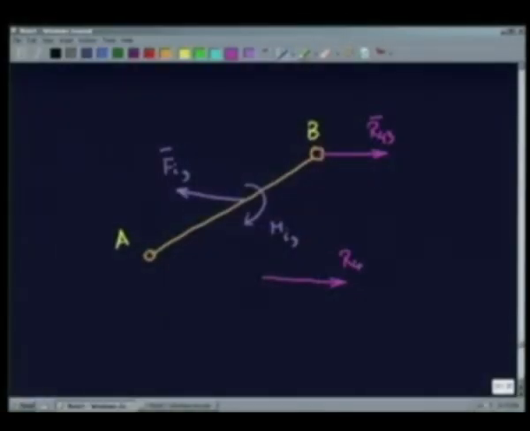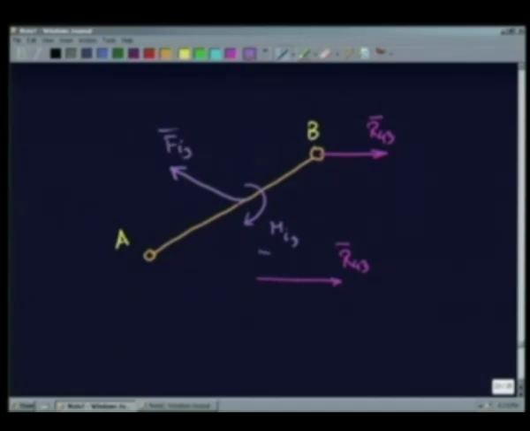This you know from vector mechanics, and for your benefit I slightly change the direction, making it this, not to make them align.